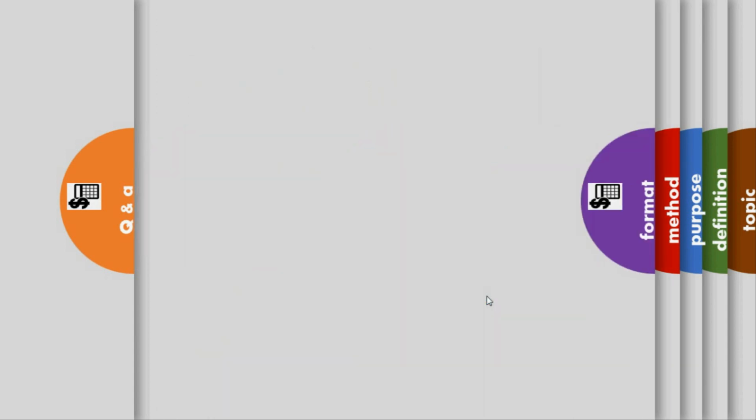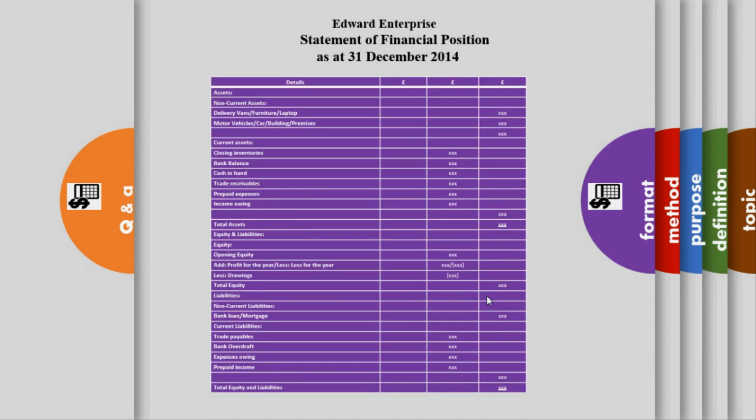Now let's look at the format of the statement of financial position. This is the name of the company, the statement of financial position, and the given date in the question. This is actually how it looks. Look, it has two subcategories in case of assets: non-current assets and current assets.